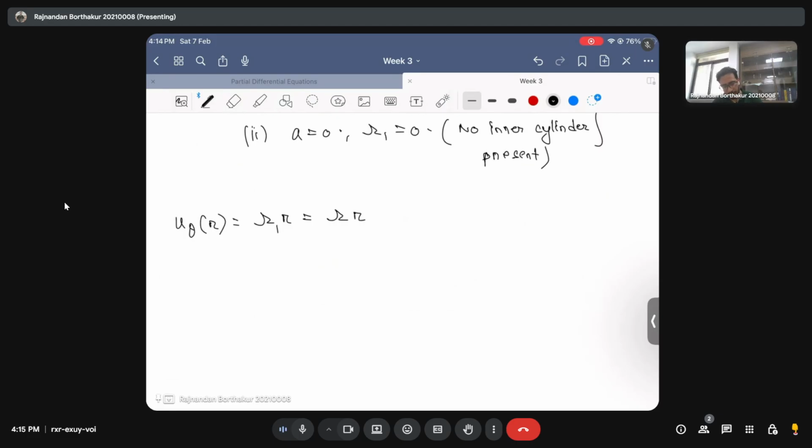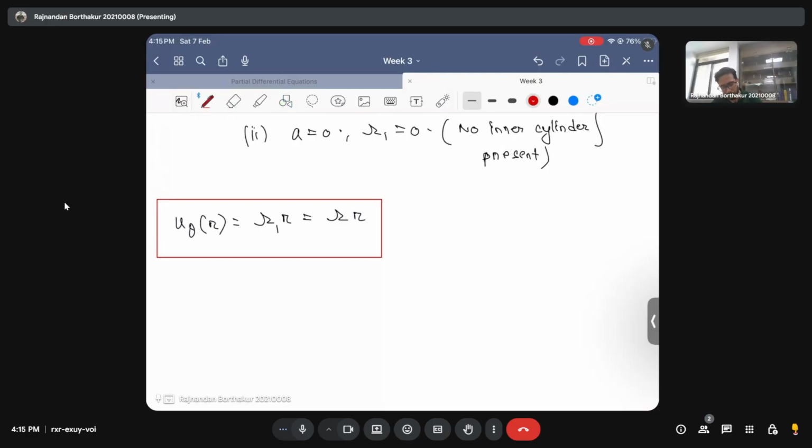So this is what your velocity profile would simplify to if you use the fact that there is no inner cylinder present, and of course this implies that the only way the fluid can rotate is by the fact that the outer cylinder is rotating with some angular velocity omega.